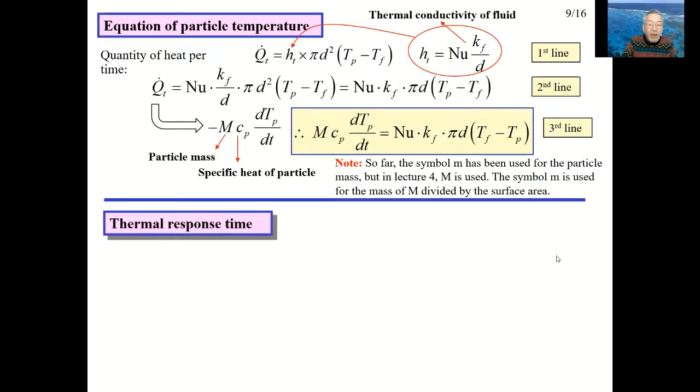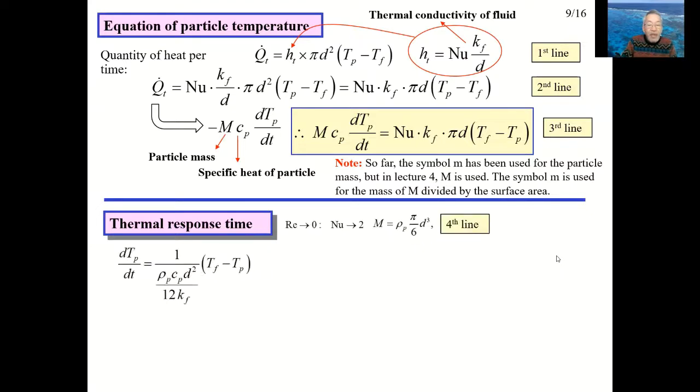In lecture 3, we considered the momentum response time when the Reynolds number is small. The thermal response time can be discussed in the same way as the momentum response time.